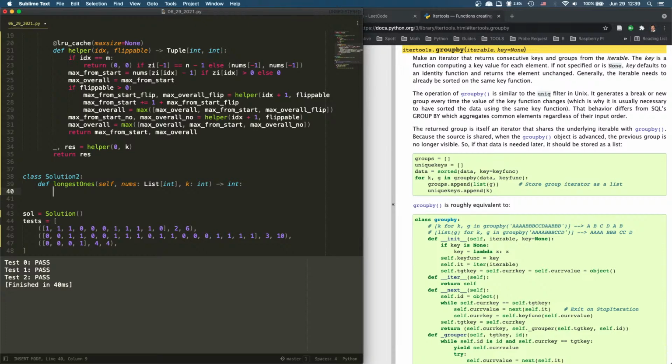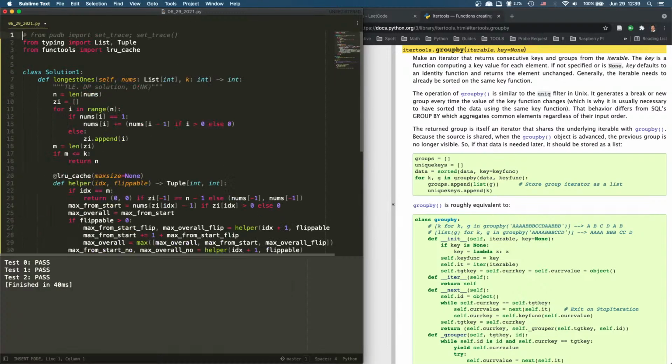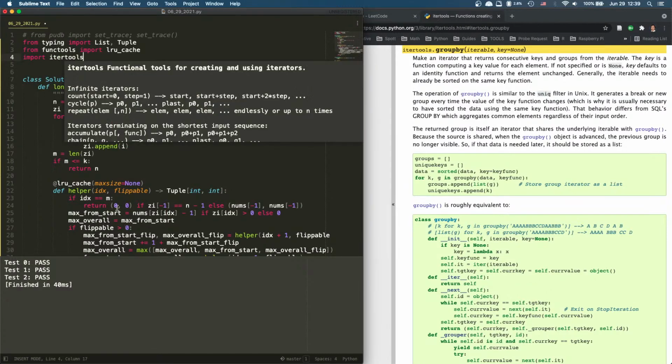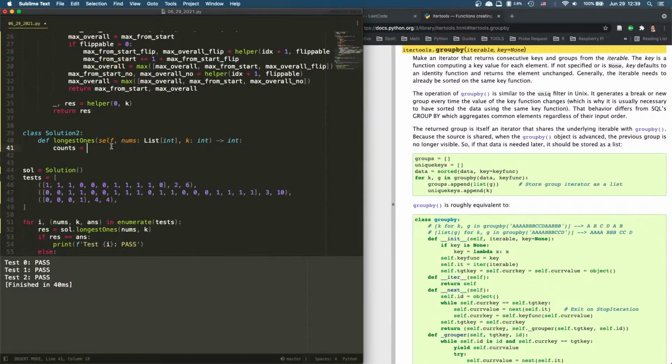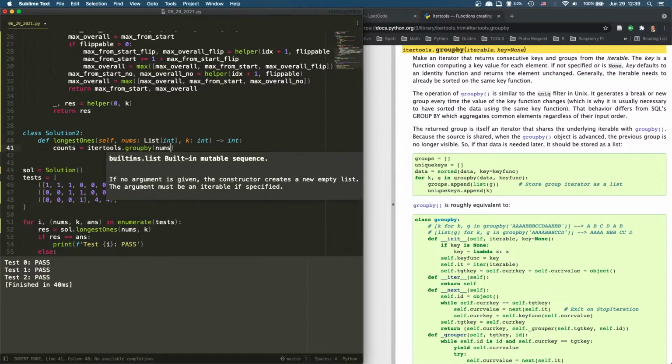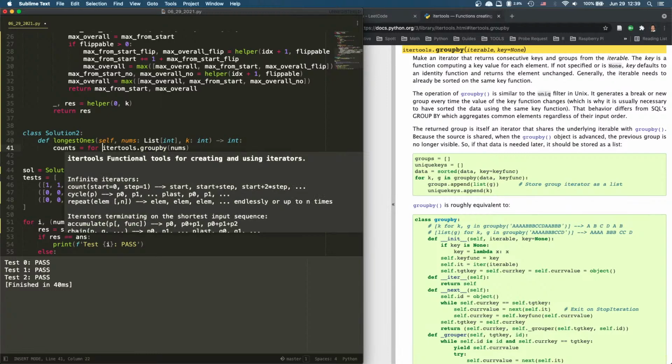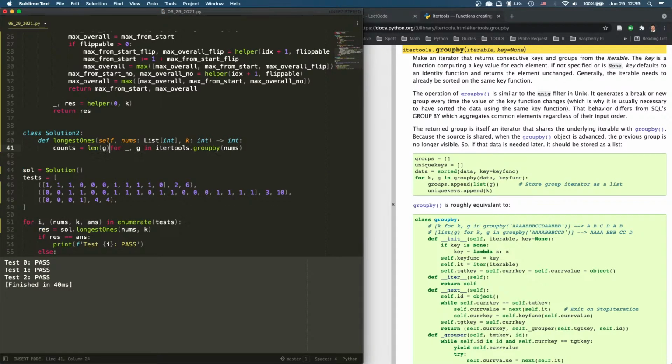So counts equals, I probably have to import itertools, right? So counts equals itertools.groupby(nums), and for I don't care about the key, so for group in this, and what we care about is the len of the group. So that's the count.